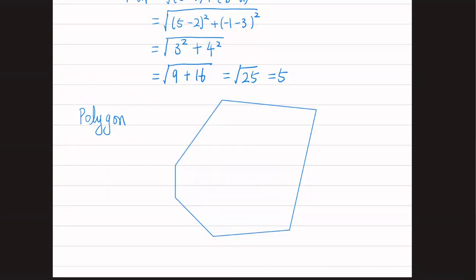Now we can find the length of each side. Add them all together. We call this the perimeter.